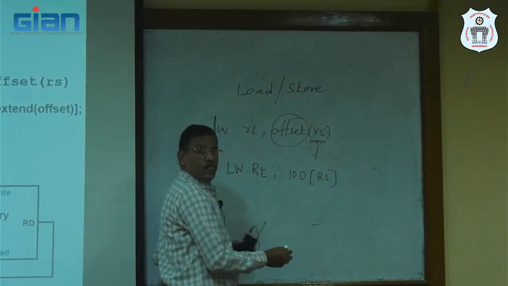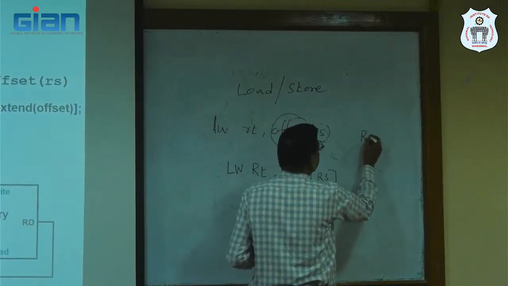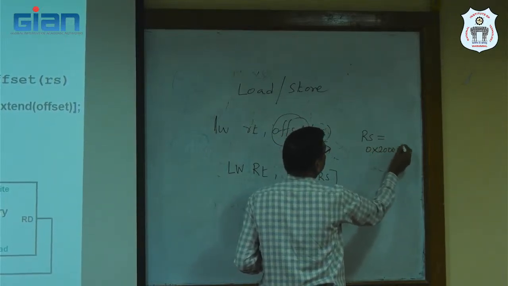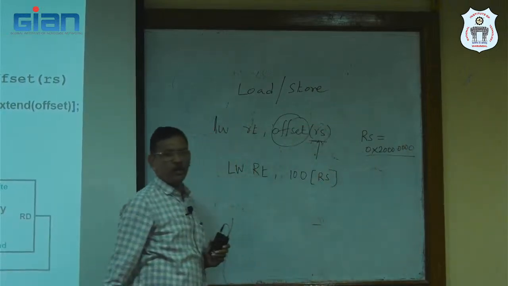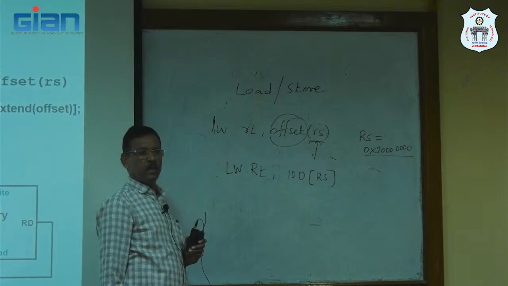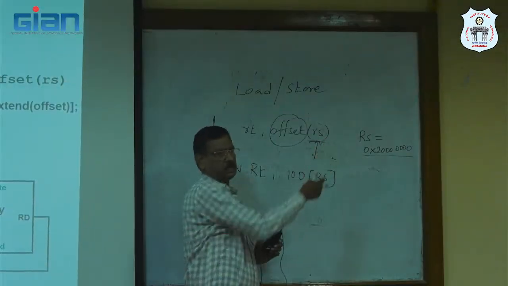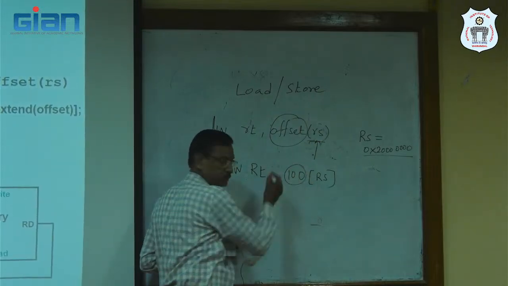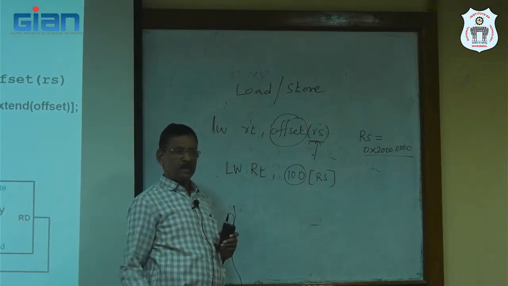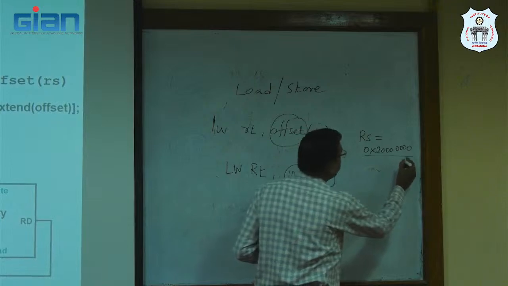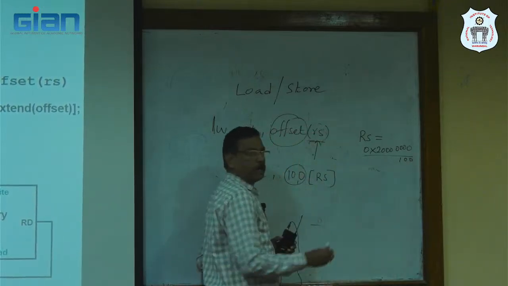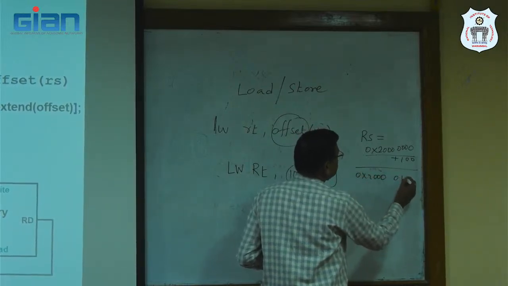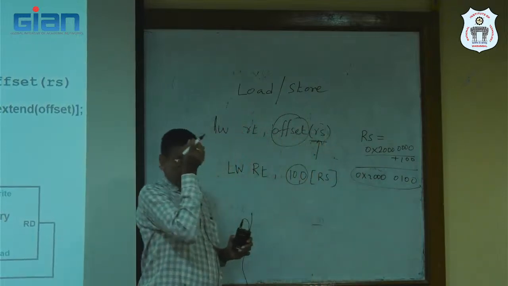RS will indicate some address, let us say 080, the address of the data memory. Plus this is the offset. Offset address is the displacement. So then this displacement will be added to this, then we get 0x20001. This is the address. That is the final address of the data.